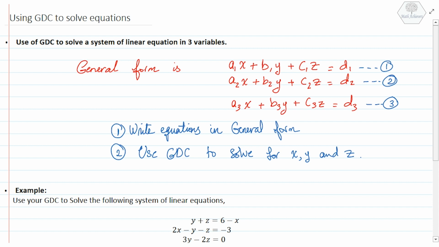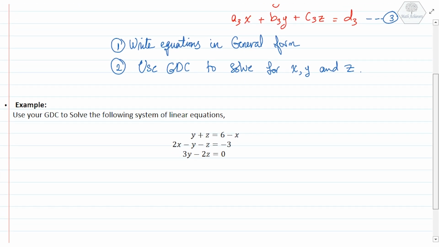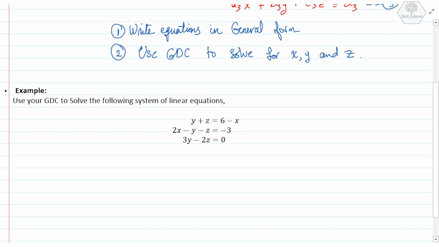Let's see an example now. Use your graphical display calculator to solve the following system of linear equations. This is the first equation, this is the second equation, and this is the third equation.